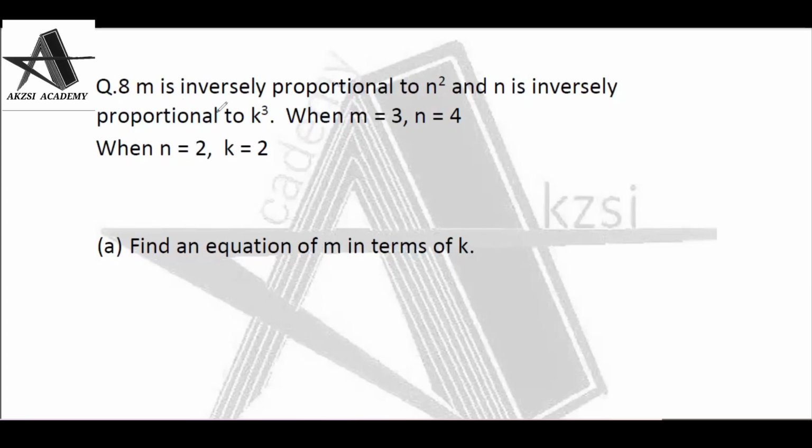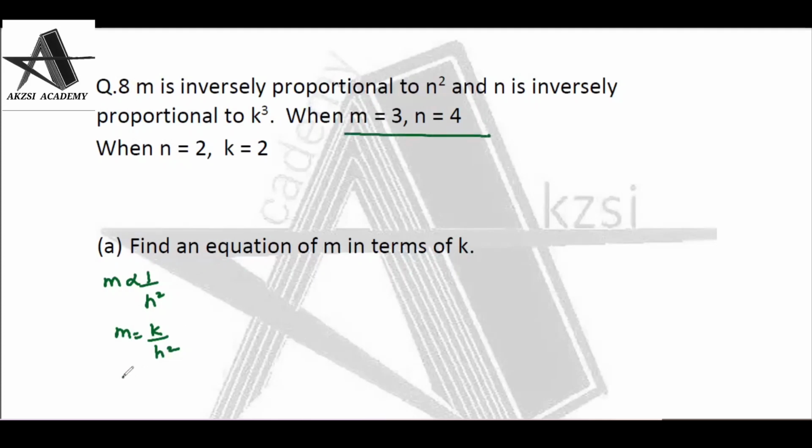So m is inversely proportional to n squared. I'm writing it here. M is inversely proportional to n squared. That means we have to find equation m is equal to k over n squared. Then we need to find the value of k. For that, they have already given the value of m and n here.